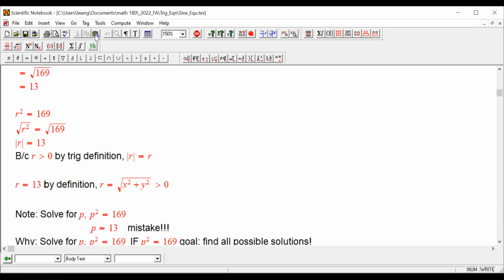I hope that rings a bell, because I did talk about this before. And thus you get r equals 13.